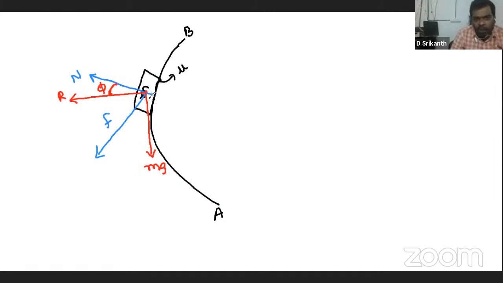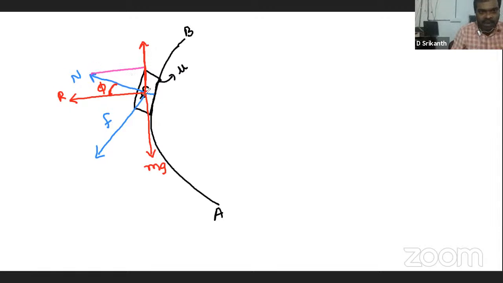Now, here we don't have motion perpendicular to the curve path. In this one we don't have motion, so I want to find what is the force in this direction. In order to find this, I am drawing a perpendicular here.